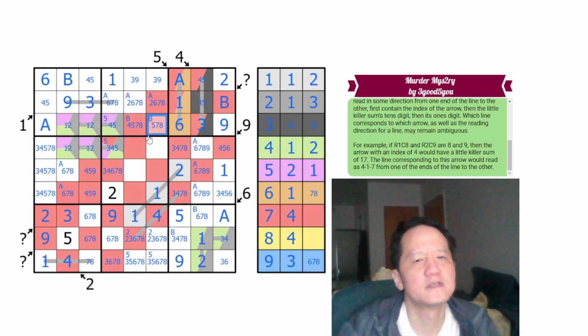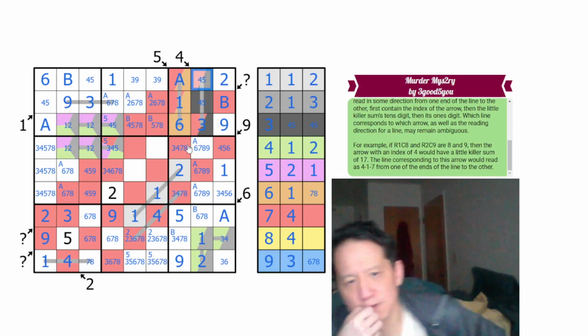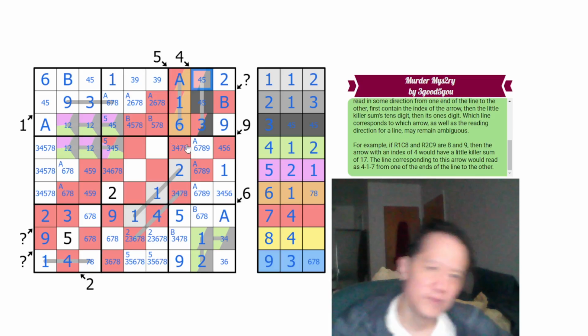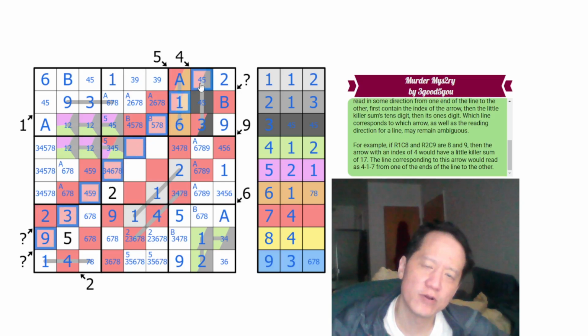Say this is 7, 1, yeah, and 5. Well, the question kind of becomes, where is 3, right? Which one is the 3 indexed arrow? Could it be this one? Could it be this one? Or could it be this one?